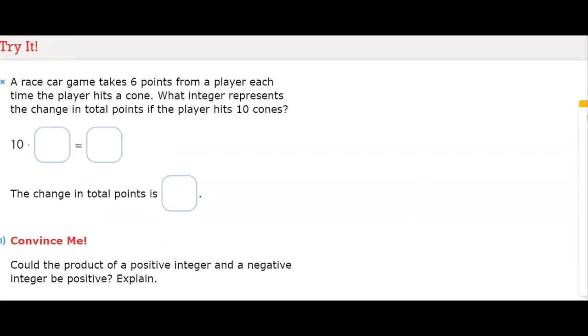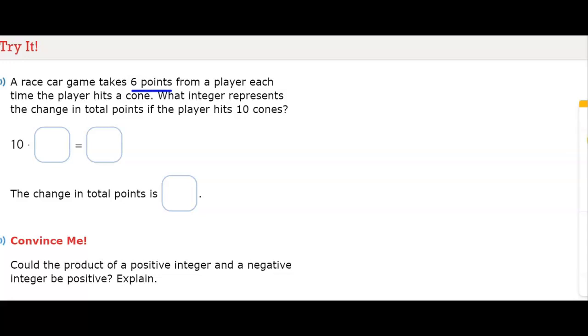A race car game takes 6 points from a player each time the player hits a cone. What integer represents the change in total points if the player hits 10 cones? So, each time the player hits a cone, they get 6 points.